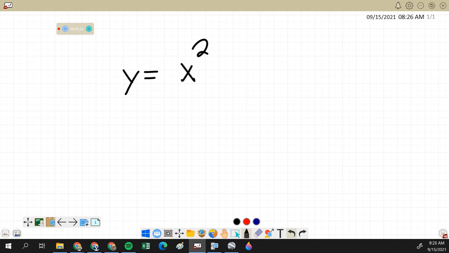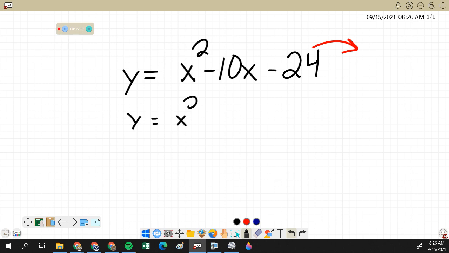Okay, I need to find the vertex and graph. So I bump this out of the way. Leave a space. Now I complete the square.